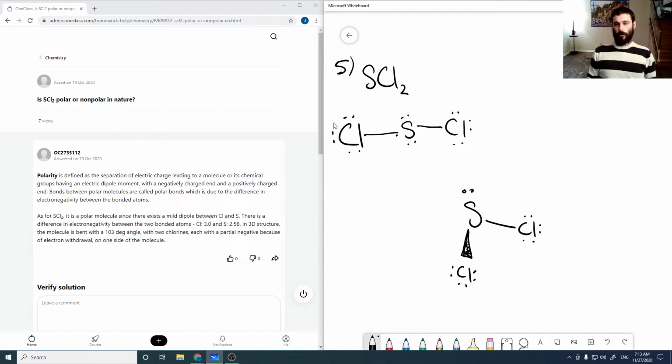It's going to want to keep the lone pairs as far away from each other as possible, and so this lone pair is going to be going back into the page.